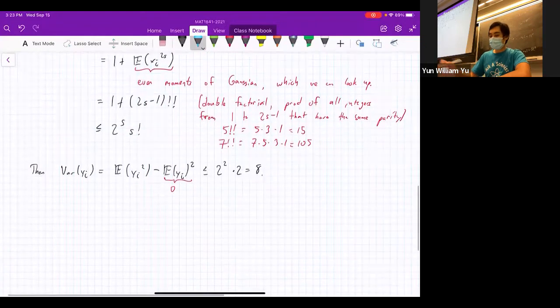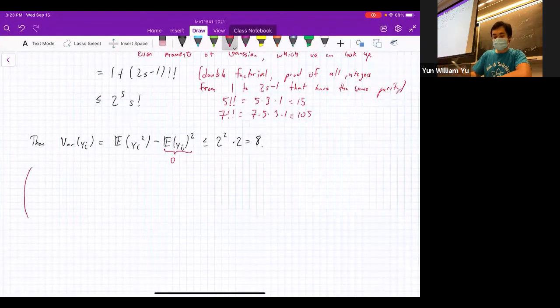Now we're going to recall our master Taylor-Bounds theorem, and we're just going to plug stuff in. Let me write that all out again.